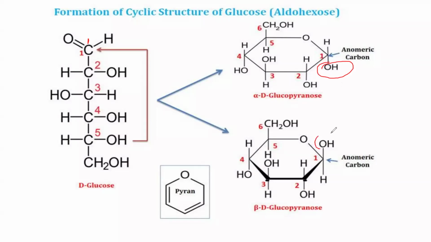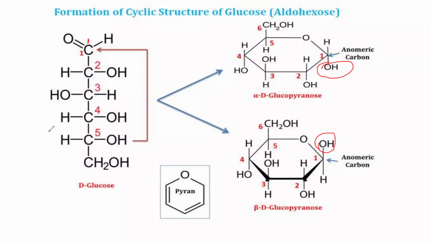So this is how to differentiate beta D-glucopyranose and alpha D-glucopyranose. And the ring structure of this glucose is called pyran. Okay, then I think this one is clear.